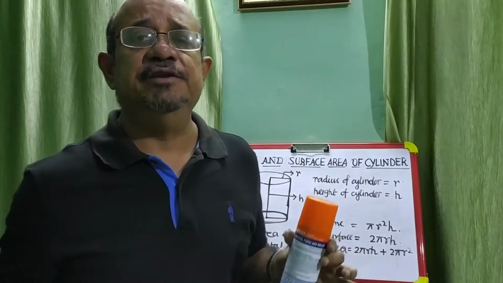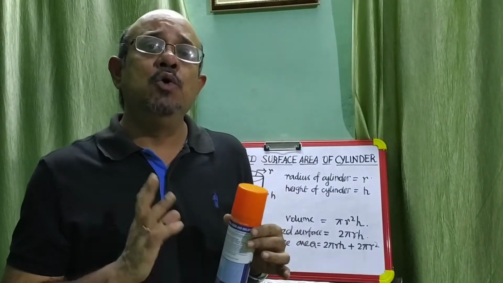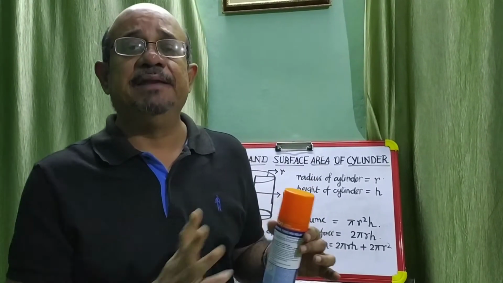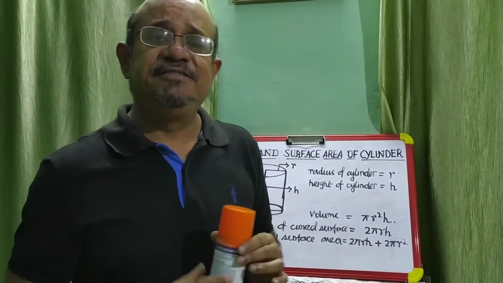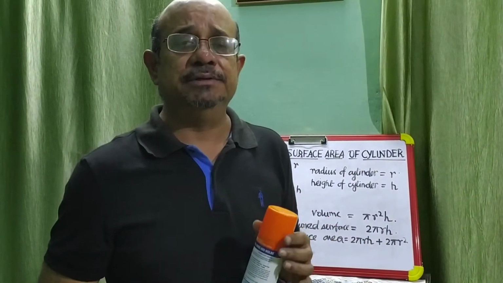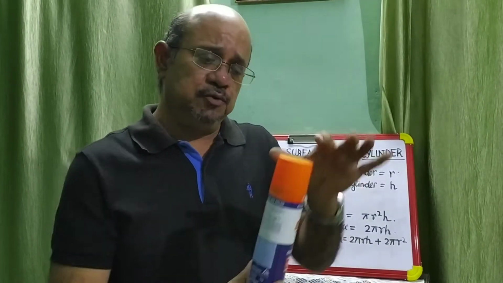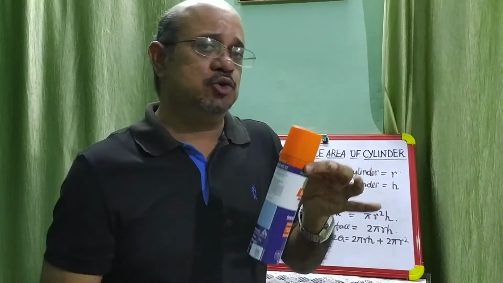Now, we will learn how to calculate the volume and surface area of a cylindrical shaped object. Let us try to draw a diagram of it, and remember that no 3-dimensional object's diagram can be properly drawn on a 2-dimensional surface, that is on the plane of a board. But still we can get a rough idea about the shape of the object once we know how it actually looks.